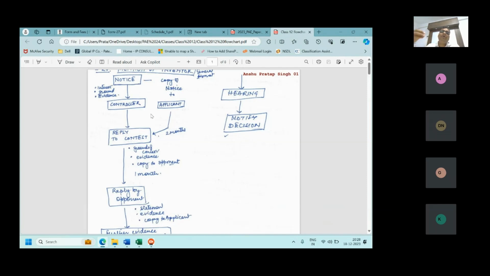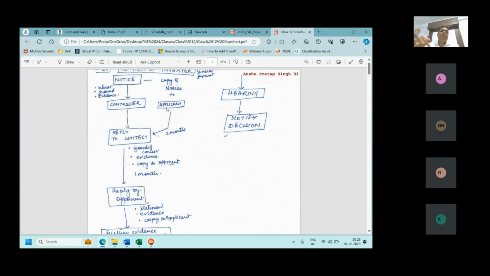So I'm talking about if anyone is starting a proceeding, we will see that in each and every place, these are the steps which are followed. They are strictly followed, and in very few places there is a variation. So if you understand this, most of the proceedings you will always remember and there will not be a problem. So first is the notice. Who will you send the notice to? You send the notice to the controller.